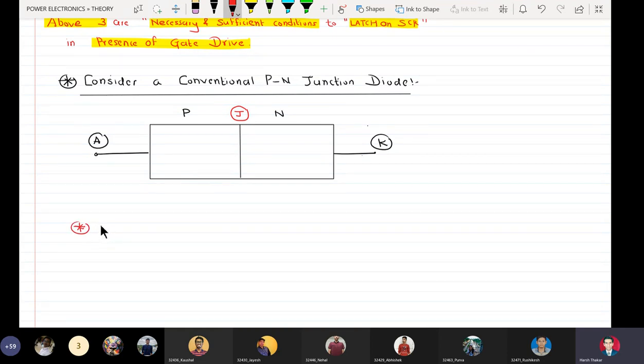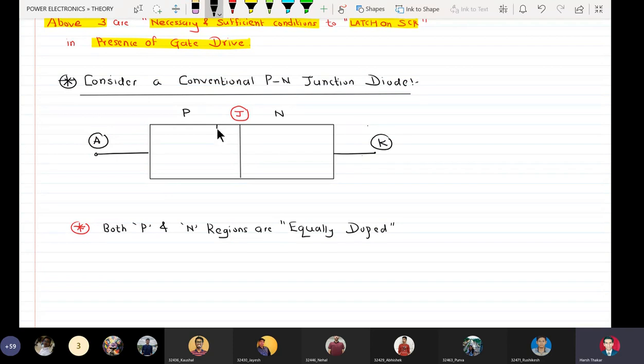that both P and N regions are equally doped. Okay, we also know that there is a depletion region formed whenever a P and N type layers fuse with each other.